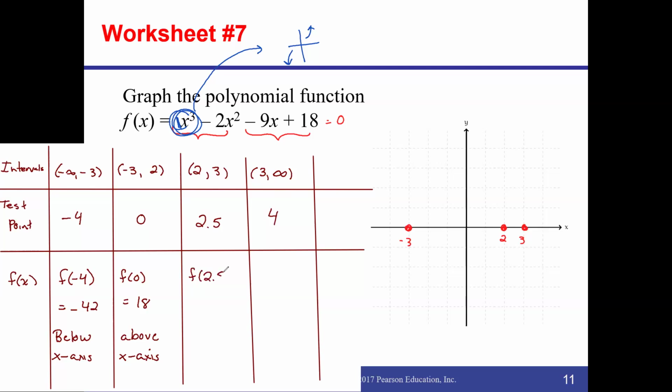F of 2.5 is going to be about -1. Oh, sorry, it's exactly -1.375. So because that's negative, that tells me I'd be below the x-axis. And the last one is just +4. So F of 4 would end up equaling 14. And this would be above the x-axis.